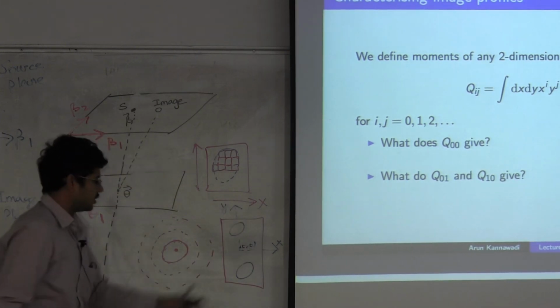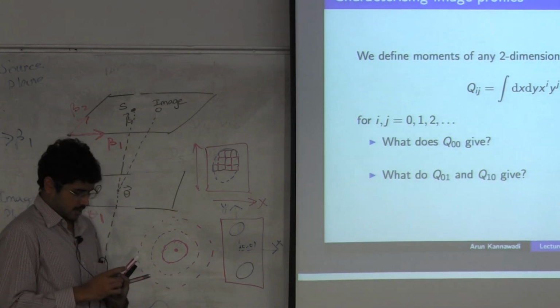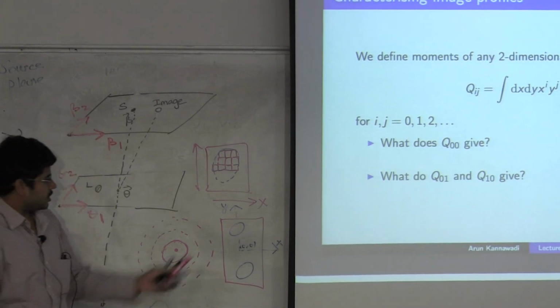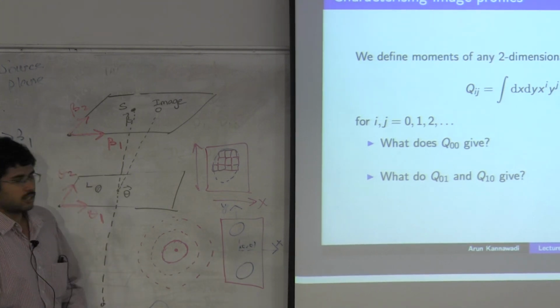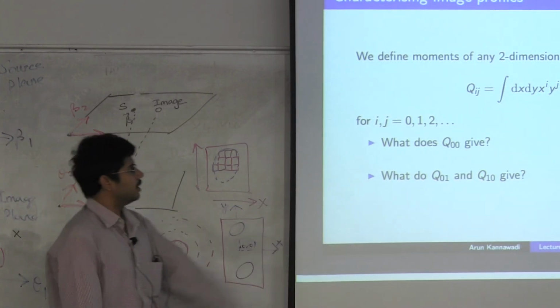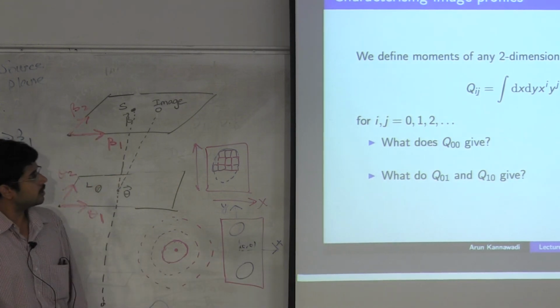I call the center of this image the origin 0,0, and it does not matter where I place this galaxy because for Q00 there is no reference to x and y, and you just get the total flux no matter where you place this.